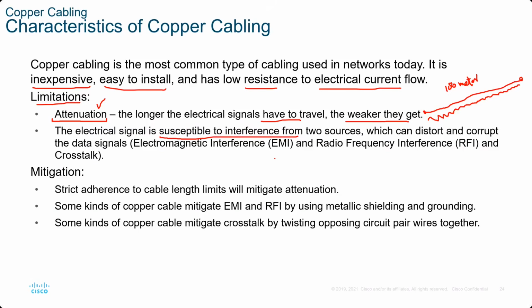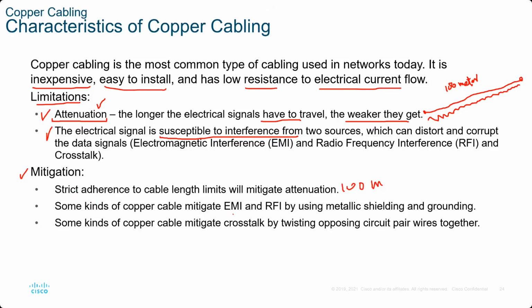The electromagnetic interference can interfere with the electric signals in your copper cable and corrupt the bits and information in it. So it has these two big flaws, yet we still use it. Okay. Because we do some mitigations. For example, we adhere strictly to the cable length limit, which is 100 meters. Just don't create a longer cable, then you're safe.